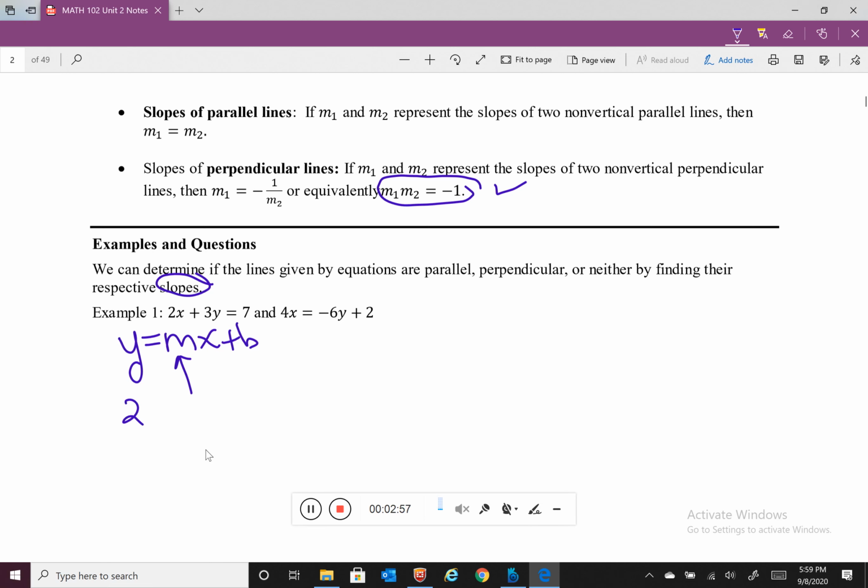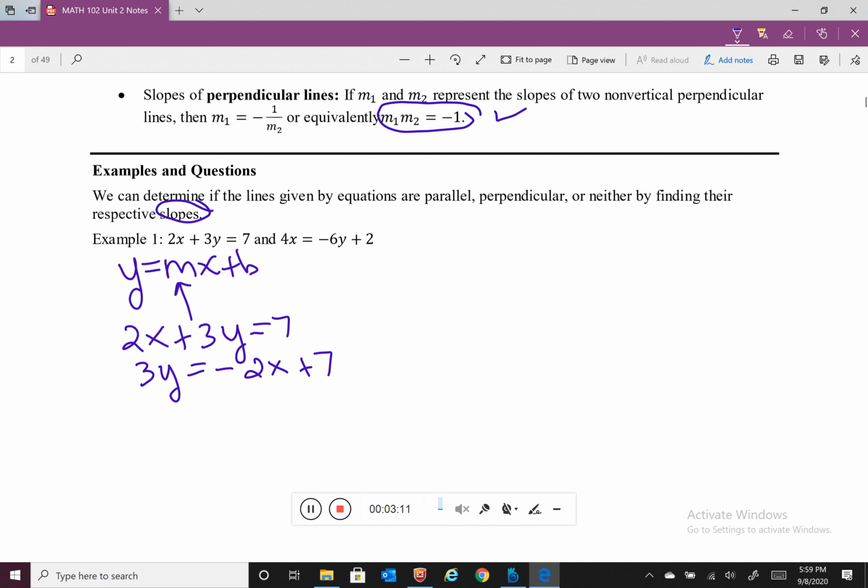So for 2x plus 3y equals 7, we're going to first subtract 2x. We have not touched the 7. And then we're going to divide everything by 3. And the result is y equals -2/3 times x plus 7 divided by 3, which then gives us our slope for our first equation is -2/3.